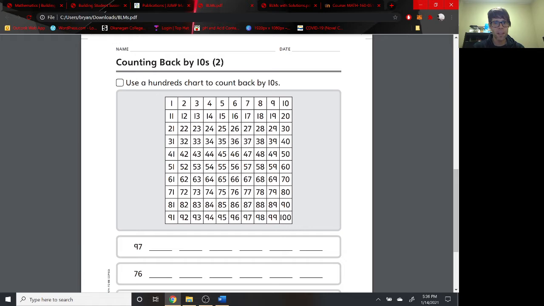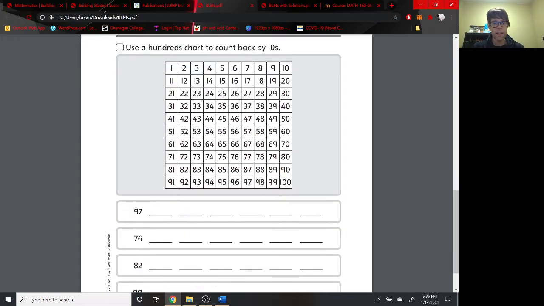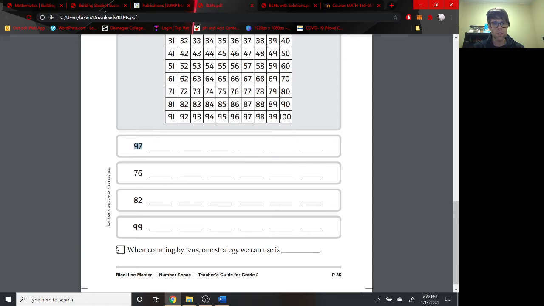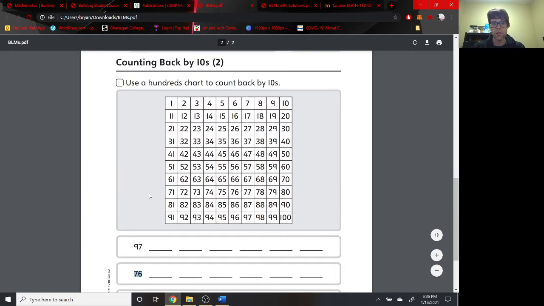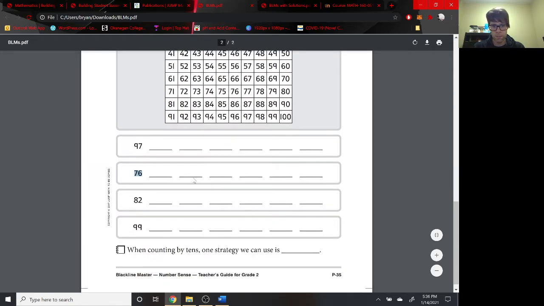So here's the second BLM. This is a smaller hundreds chart inside of this handout, and I essentially just wanted my students to start at one of these given numbers and work in descending order using this hundreds chart. So just filling in all of these blanks here.